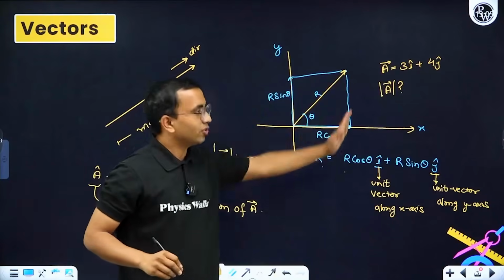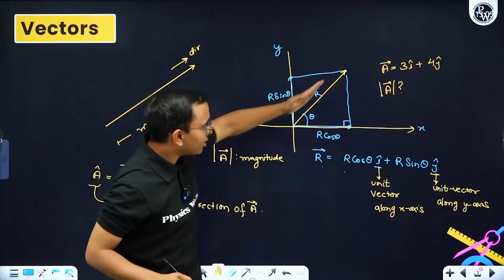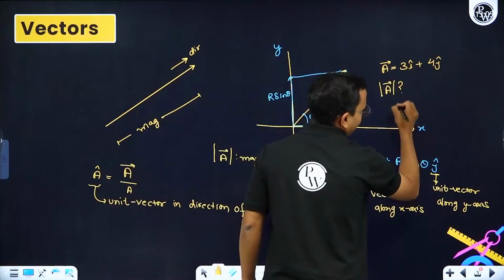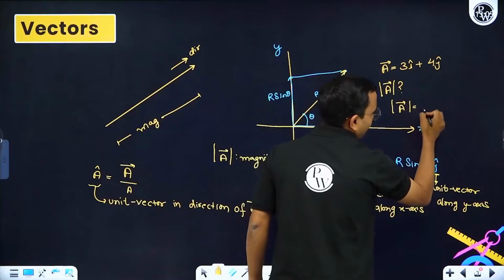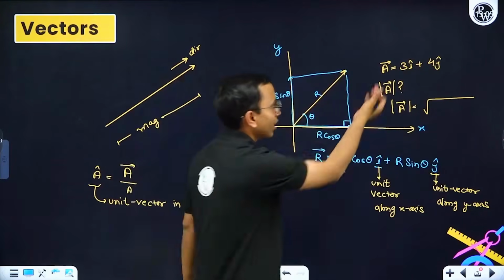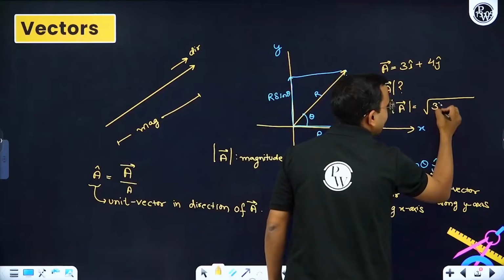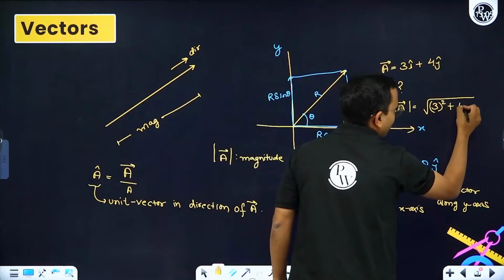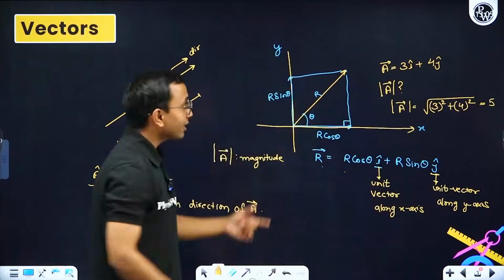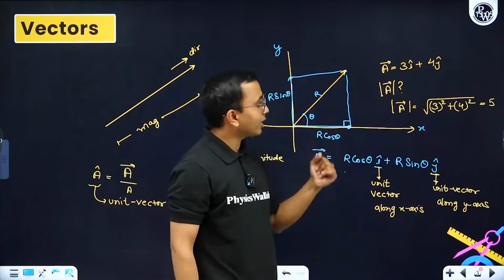This is 3, this is 4. The magnitude means this length, that is the hypotenuse. So the magnitude is the root of base square plus perpendicular square, that is 3 square plus 4 square, so that is 5.